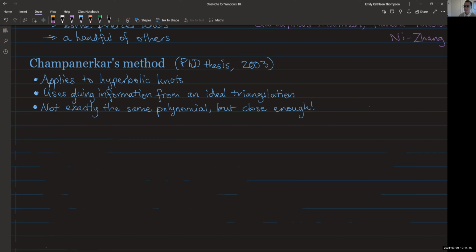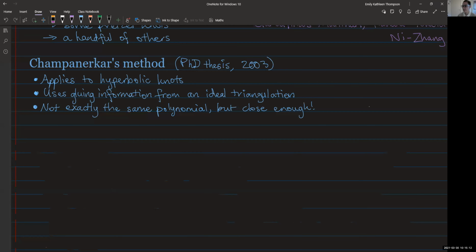In particular, the boundary slopes apply to this polynomial. So it is pretty much what we want, and it's related in an explicit enough way that it's meaningful. In this talk, I'm saying A-polynomial slightly loosely, because Champanerkar's method is essentially the A-polynomial, but I'm ignoring some technicalities.